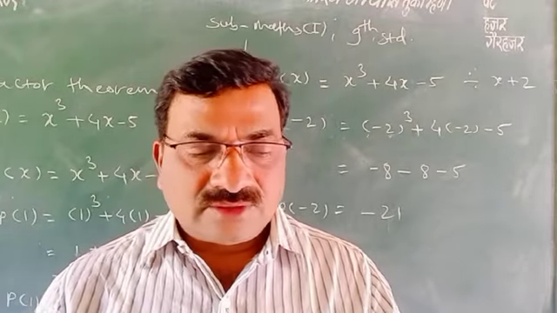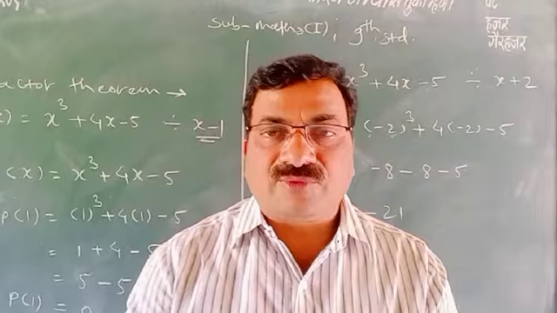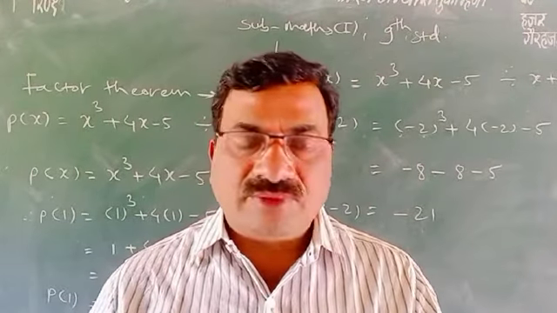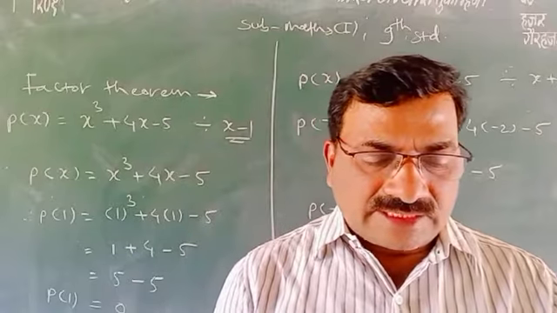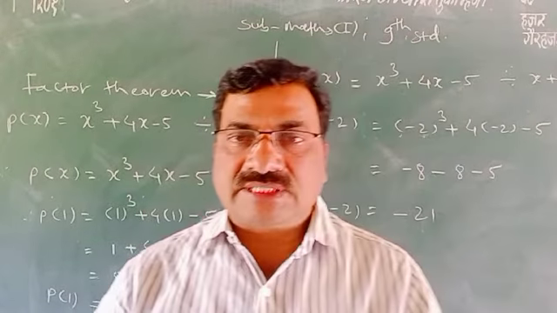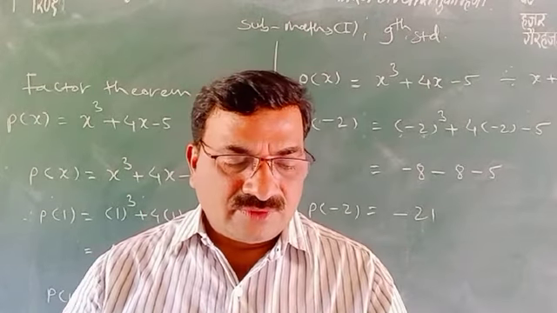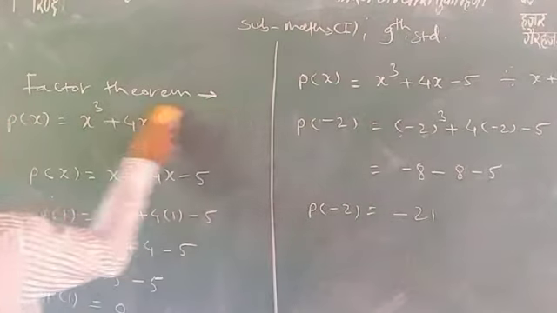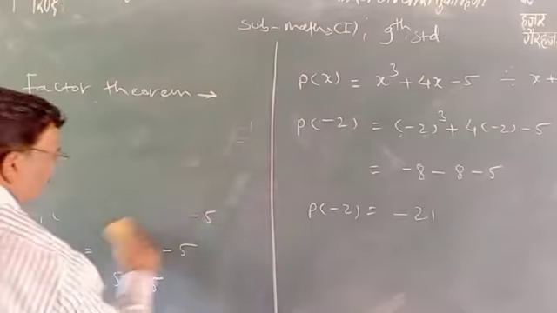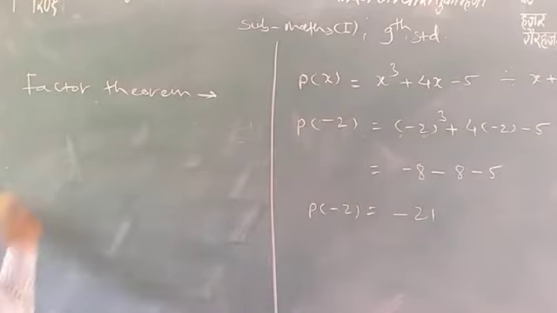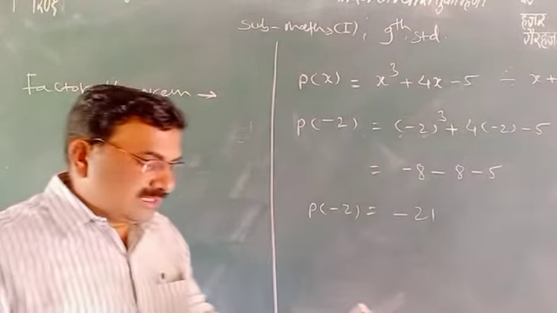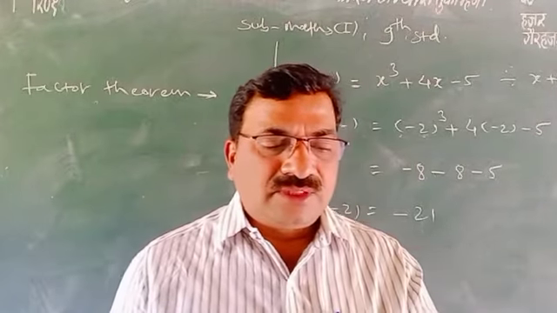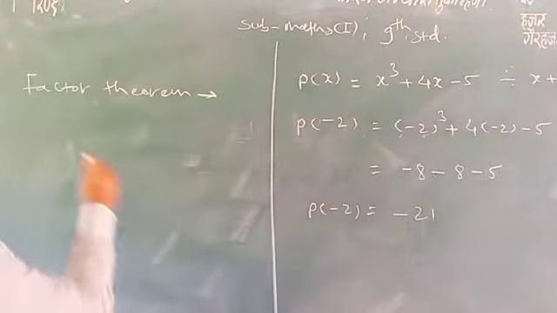We will solve an example from practice set 3.5, example number 7. Use the factor theorem to determine whether x plus 3 is a factor of x square plus 2x minus 3.